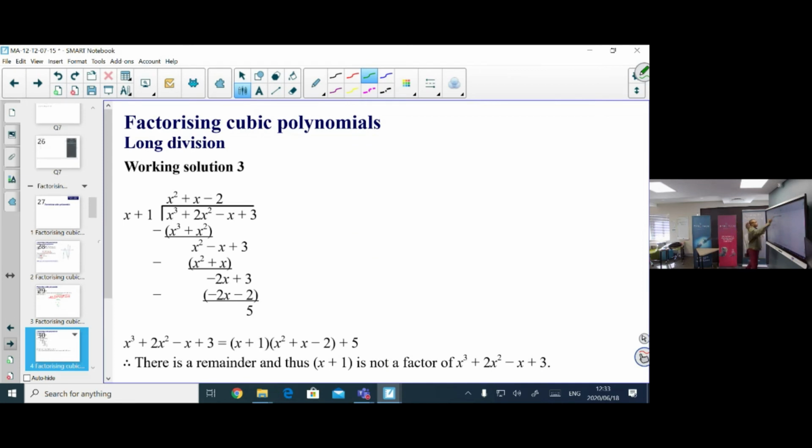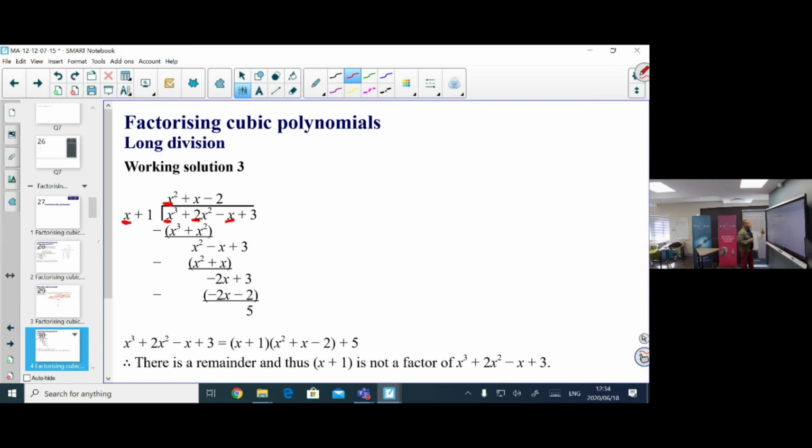Just to point out a few things, you will see that we concentrate more on this part of the expression that is dividing. So we look more into the x. So x is the one that's going to divide all these terms. So for example, x into the first one will give us x squared.